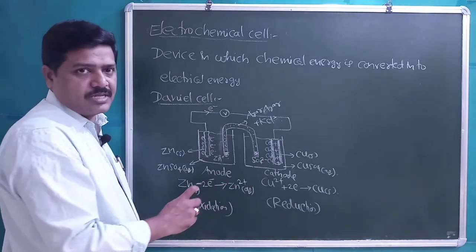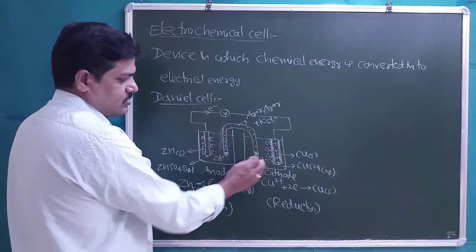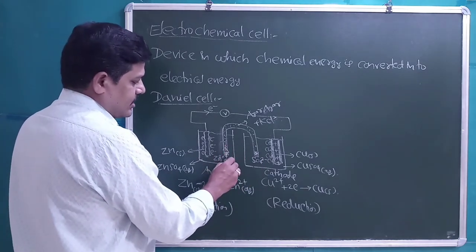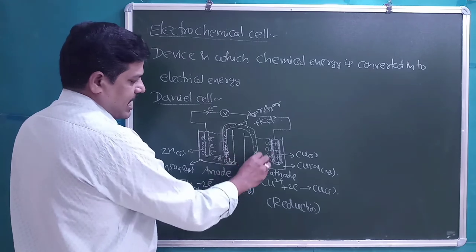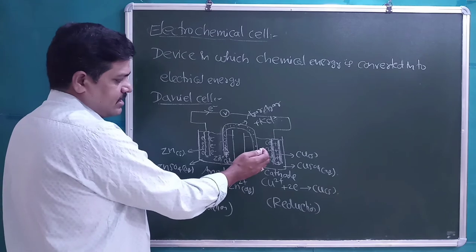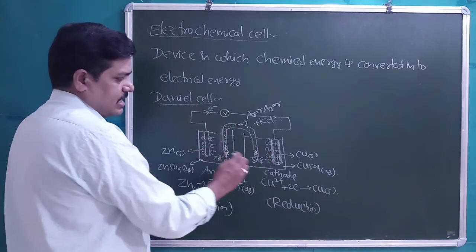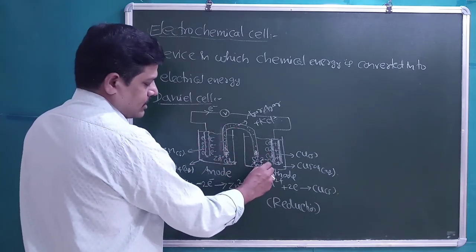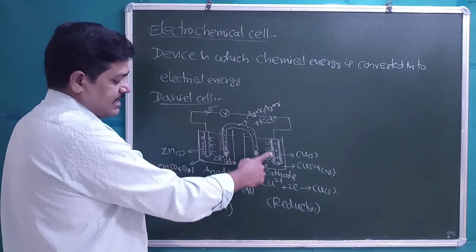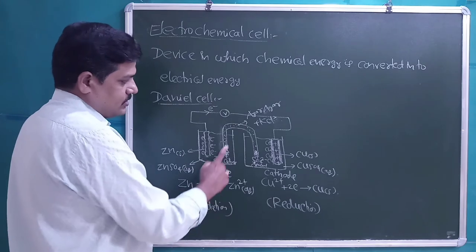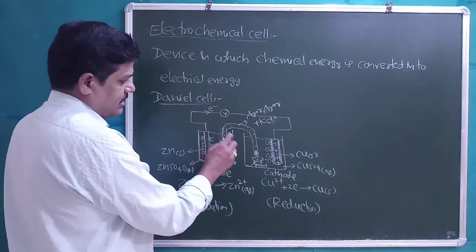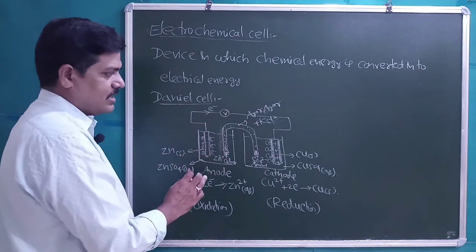It allows only the flow of ions. Cations will flow in one direction, anions will flow in the opposite direction. Anions flow from the right side container to the left side container, and cations flow from the left side container to the right side container. Students, so this salt bridge is essential for this electrochemical cell.